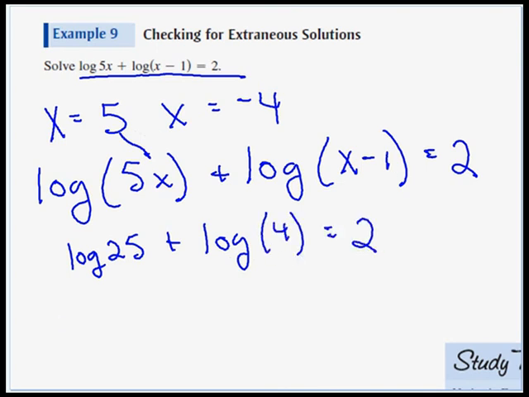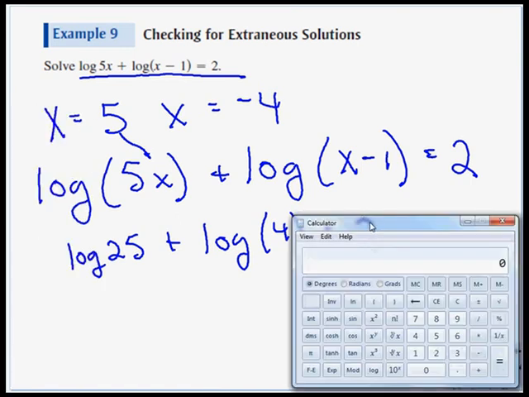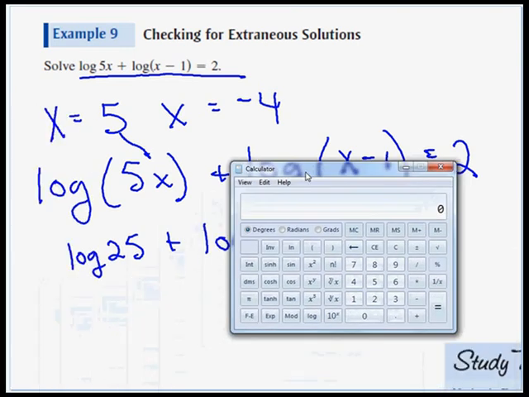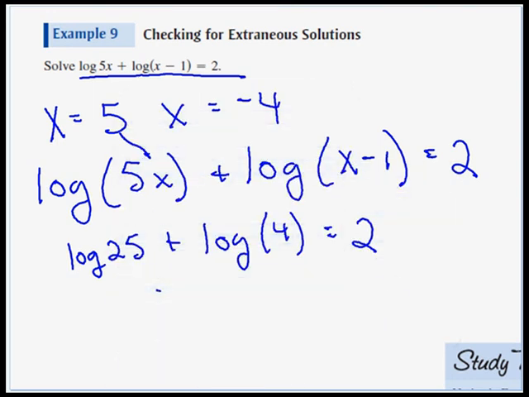And is that equal to 2? Let's see if all those buttons are on our calculator. So log of 25 plus log of 4, equals exactly 2. So it did work.